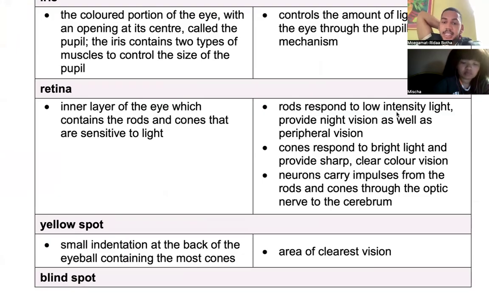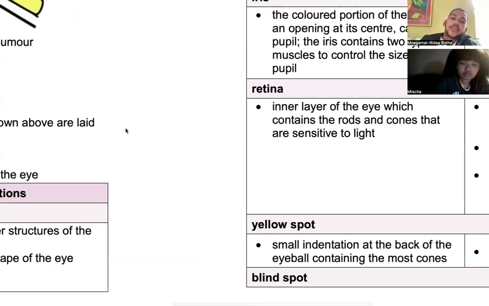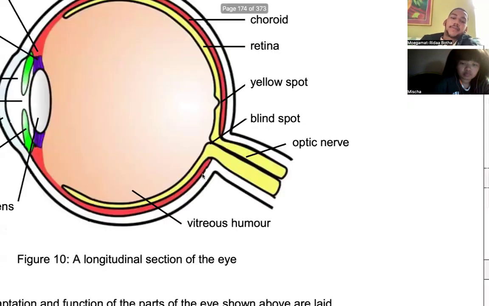The cones respond to bright light and provide sharp, clear color vision. The neurons carry impulses from the rods and cones through the optic nerve to the cerebrum, which is the brain.